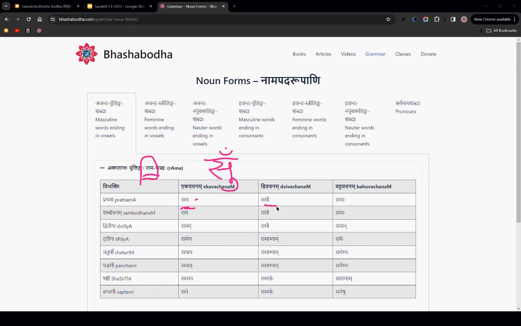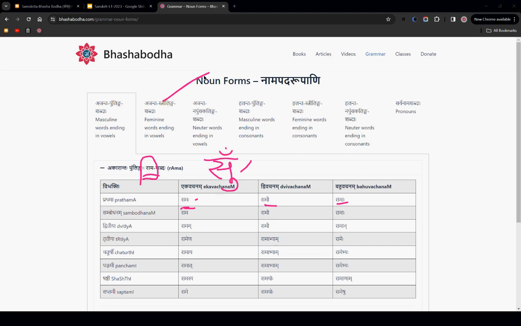How is it derived in the Dvivachana form? How is it derived in the Bahuvachana form? So these steps are defined in the Ashtadhyayi grammar, which is the currently used grammatical structure for the Sanskritam language. Okay, so these affixes are the same for any word as per Ashtadhyayi.